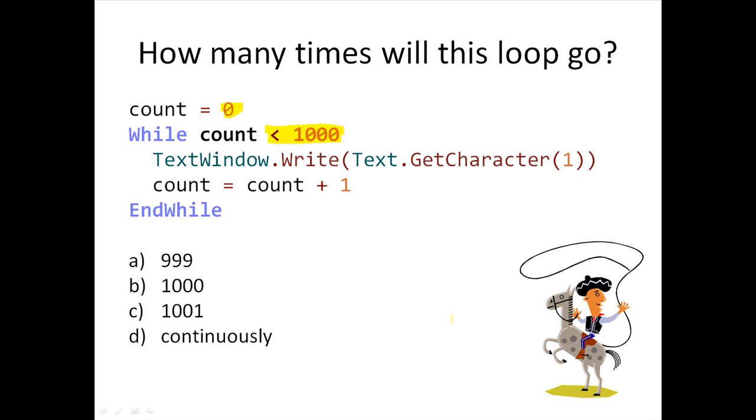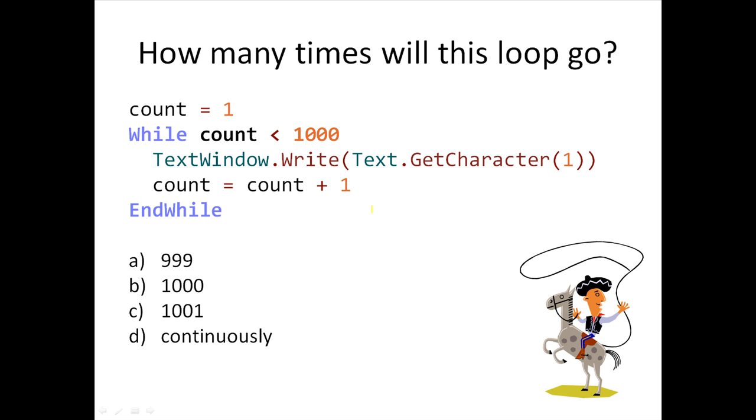So really this loop is going to go from 0 up to and stopping at 999. 0 to 999 would be 1,000 repetitions. And we do have our increment, so we know it's not D. So we're back to 1,000 reps, starting at 0, ending at 999.